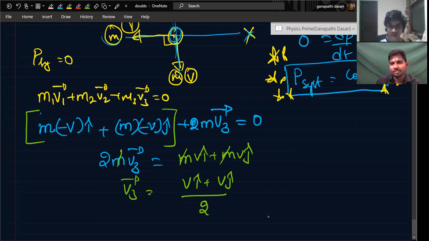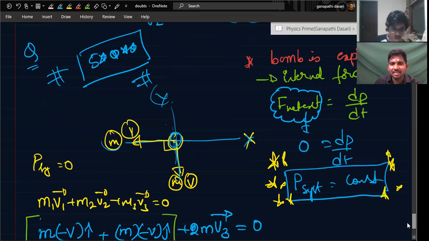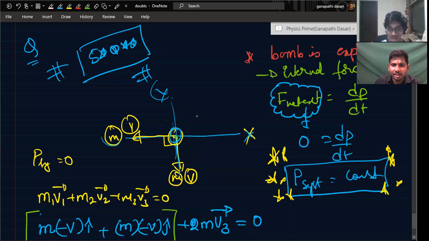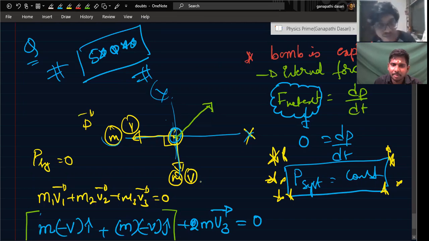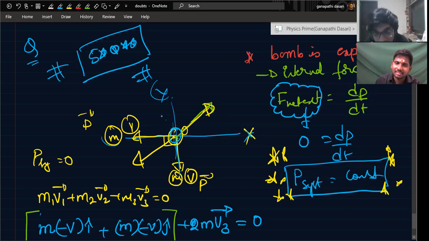That's exactly what will happen. It will go in this way so that the net momentum is conserved. If I take the P vectors of the first two masses in these directions, the resultant should be like this. To cancel it, the resultant momentum of the third piece should be in the opposite direction. Net should be 0.